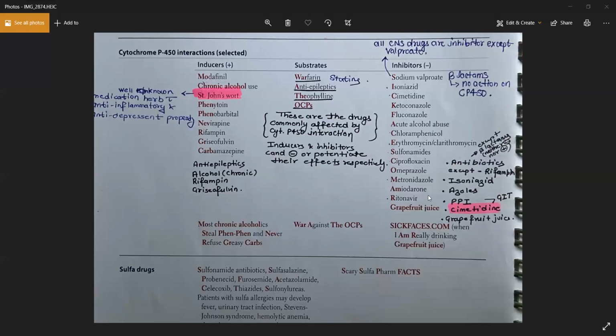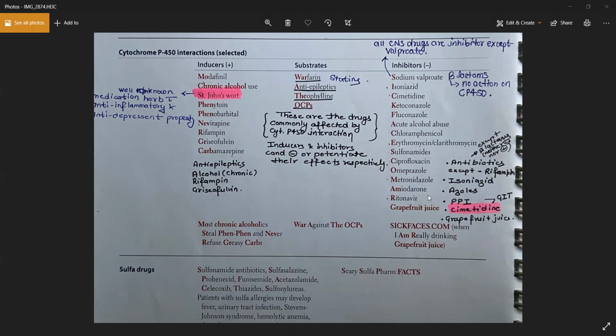Yeah, it is antiarrhythmic, no doubt, but give me a second, let me clarify my doubt. I'm sure it's not viral.